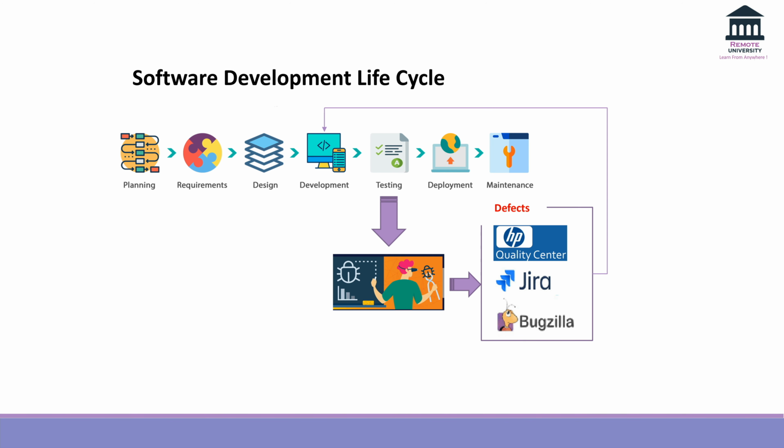You might be familiar with the software development life cycle, where these are the activities we are seeing on the screen: planning, requirements, design, development, testing, and then deployment and maintenance. During this life cycle, whenever we test something after the development is complete, it goes through the validation phase.